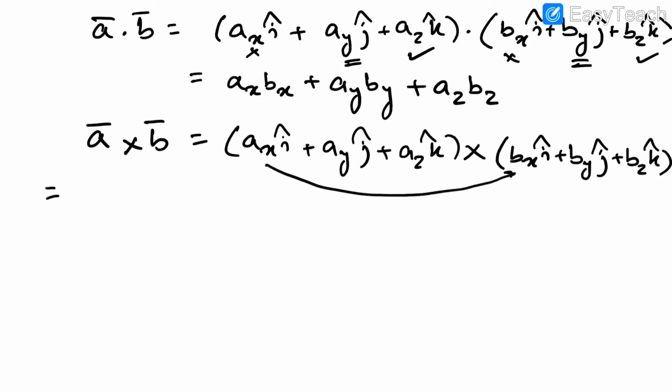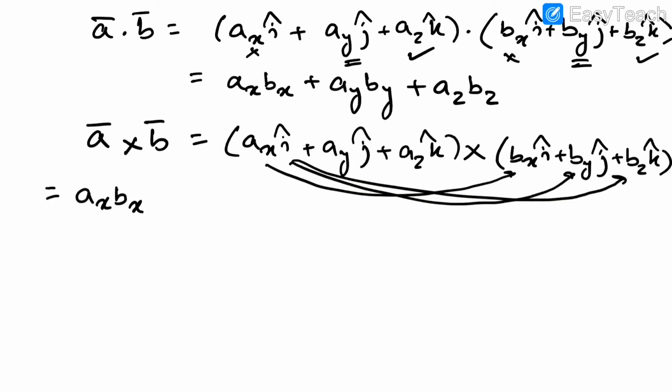First term with this, then first term with this, first term with this, like you do in algebra. Simply ax bx will be the scalar terms that will come up first, but the vector terms, that is the unit vectors, i cross i will remain. Then ax by i cross j. The scalar terms will come out. They are simple multiplication of a scalar with another vector quantity, which is the cross product of the unit vectors. That is how you have to do, the simple algebraic way that you do.